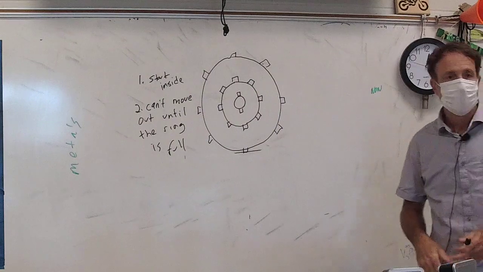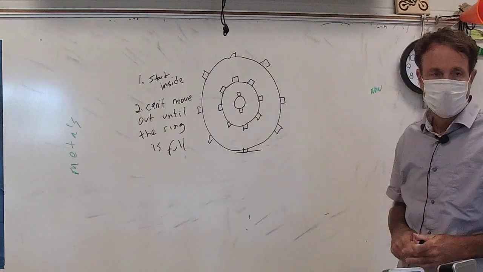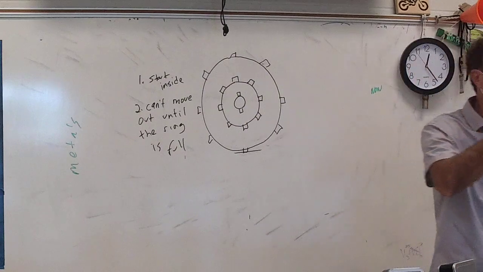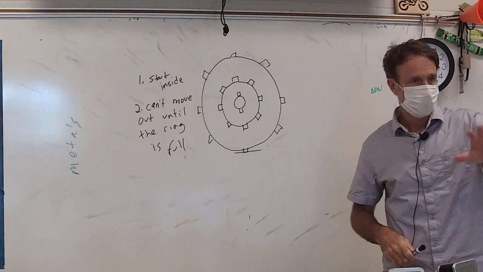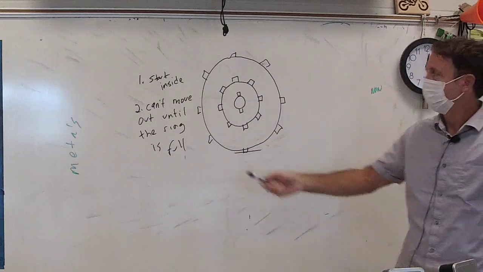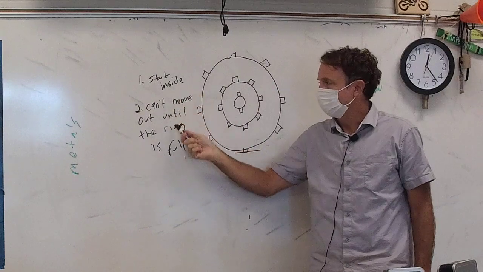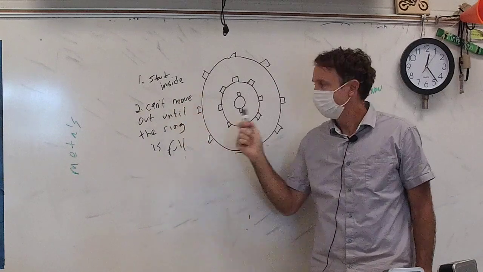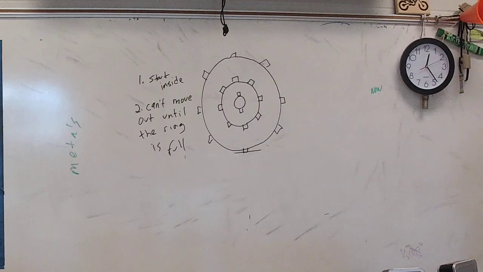So check this out. You guys have game board pieces right there. I'm just going to use my marker. I want you to add 5 pieces to your Bohr model, to your board. Add 5 pieces following these 2 rules. Start on the inside, and you can't move out until the ring that you're on is full. So right now, add 5 pieces to your game board.